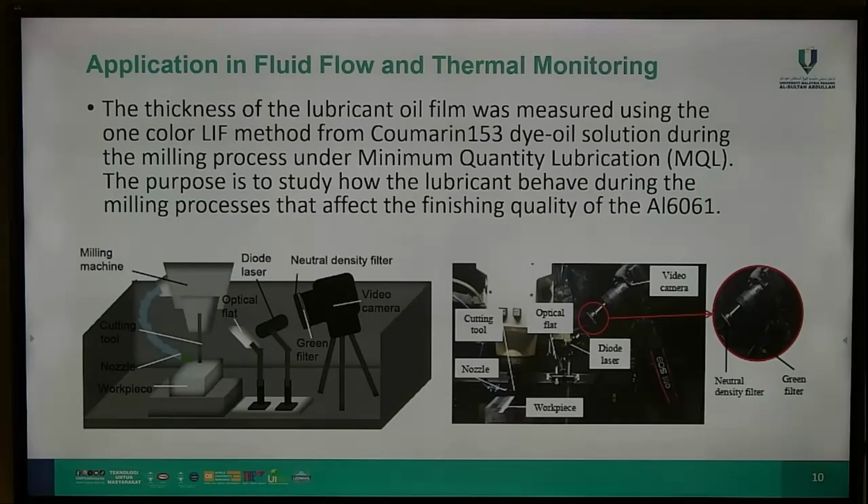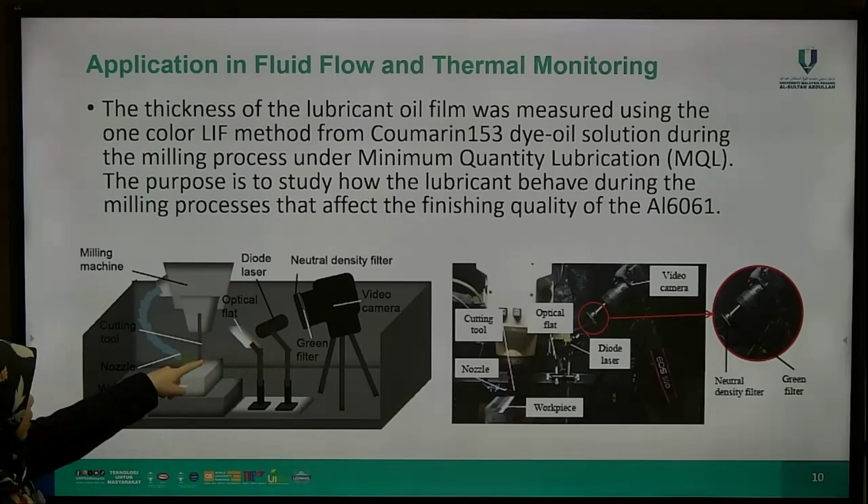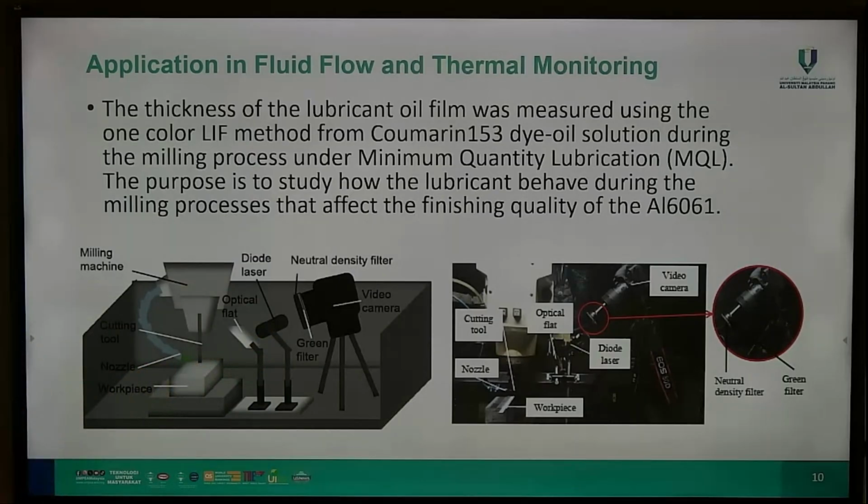So these are all the setup of the machine. I will use a simple diode laser to activate coumarin 153 fluorescence dye. I use coumarin 153 fluorescence dye dissolved in the lubricant oil.